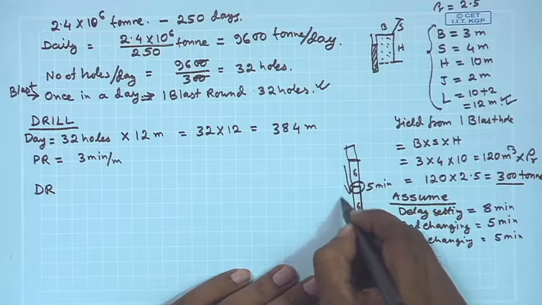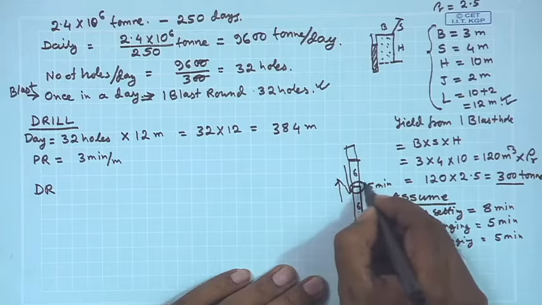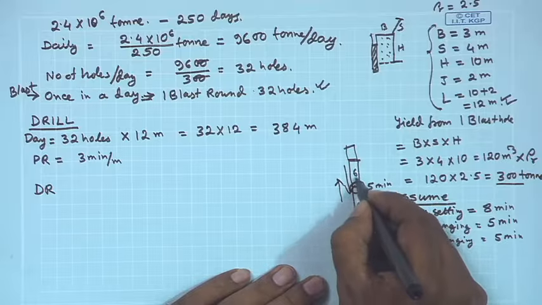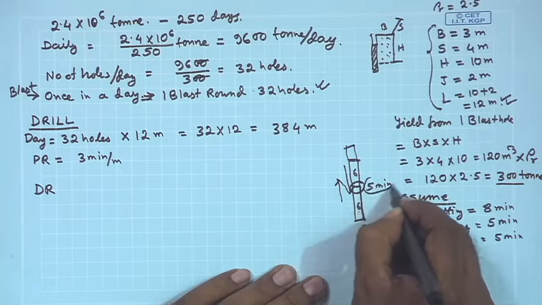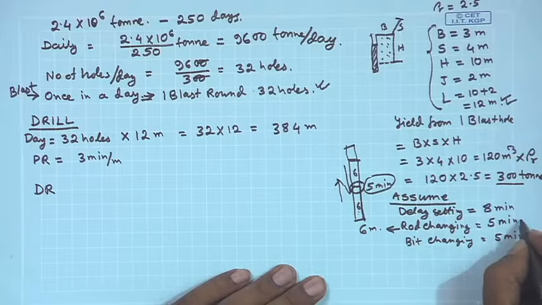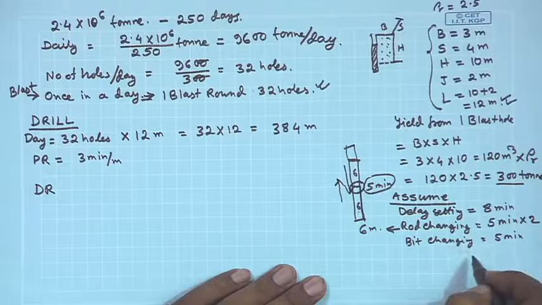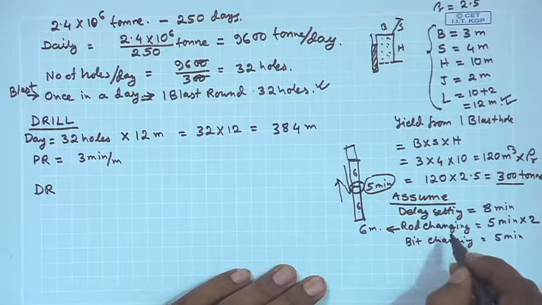Again when we are withdrawing the rod, at that time again we have to untie the second rod from the first rod. So, that takes another 5 minutes. So, basically this 5 minute is required twice, while the drilling is carried out and while the rod is being withdrawn from the hole.